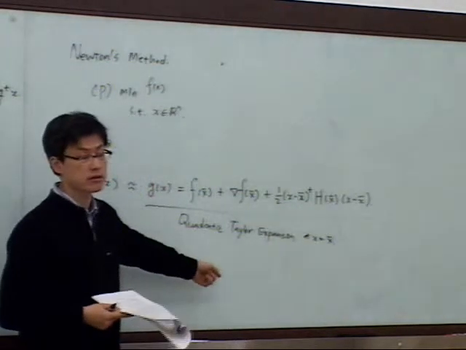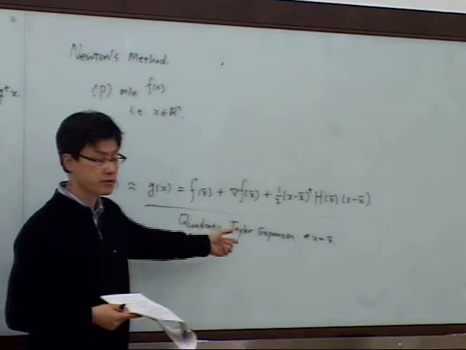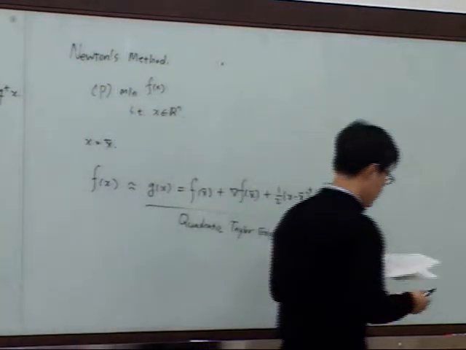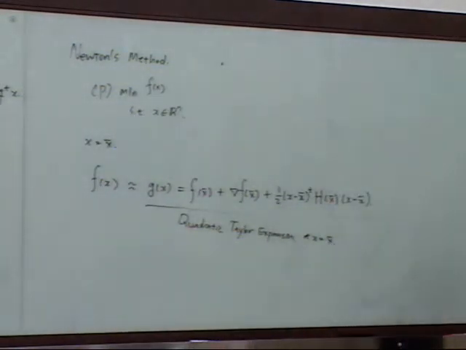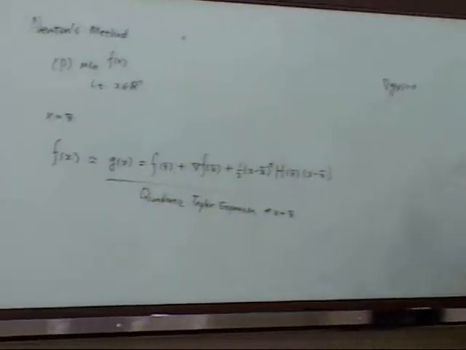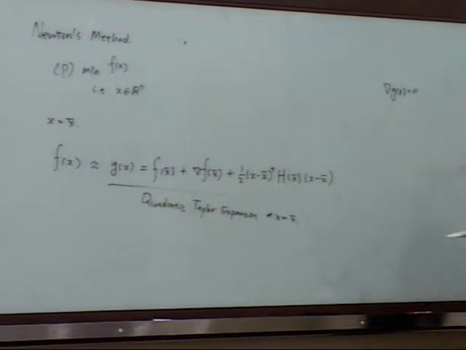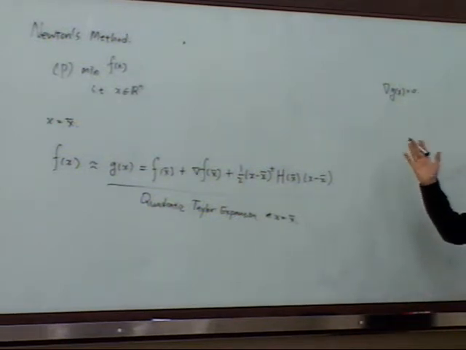It's a quadratic Taylor extension, so it is a quadratic function. And this g(x), this quadratic function, is minimized by solving this. Right? This will be minimized by this.